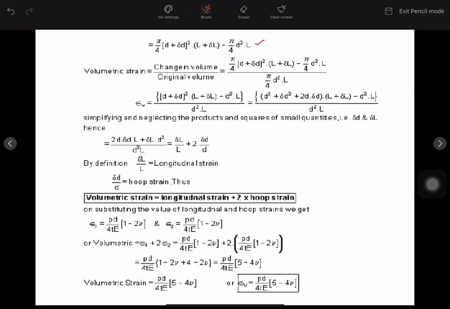The final volume, as D has become D plus delta D and L has become L plus delta L, will be pi by 4 into (D plus delta D) whole square into (L plus delta L), minus the original volume, that is pi by 4 D square L.